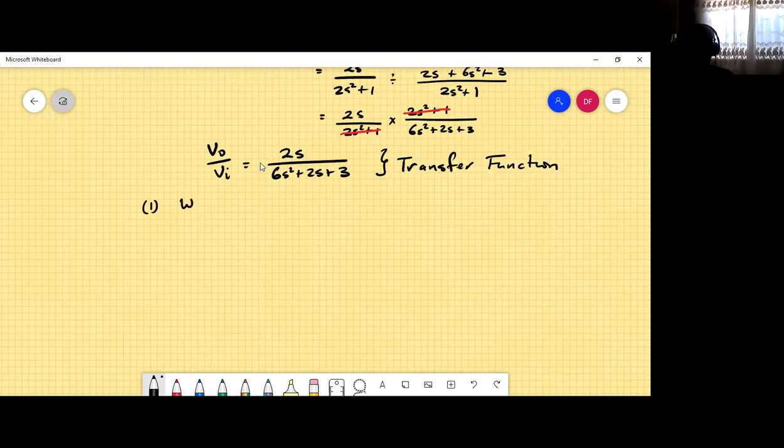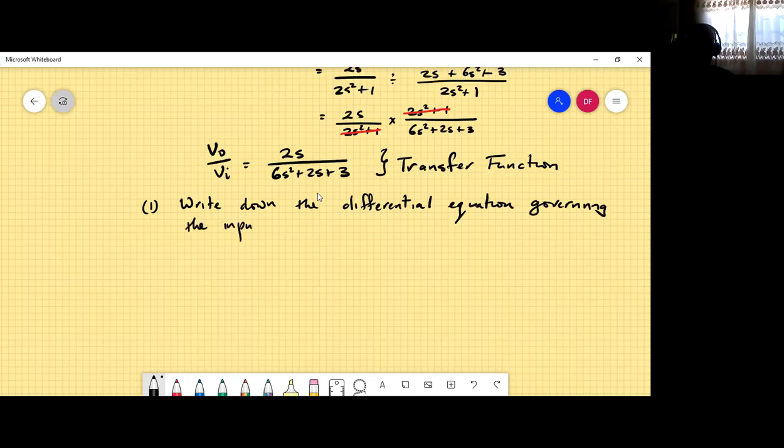Write down the differential equation governing the input and the output.